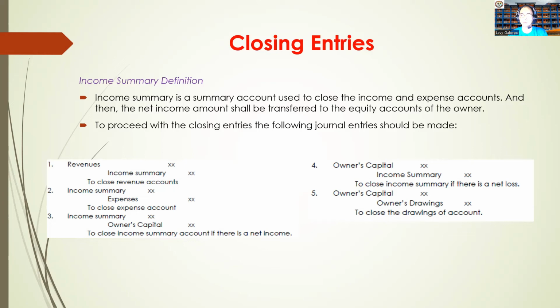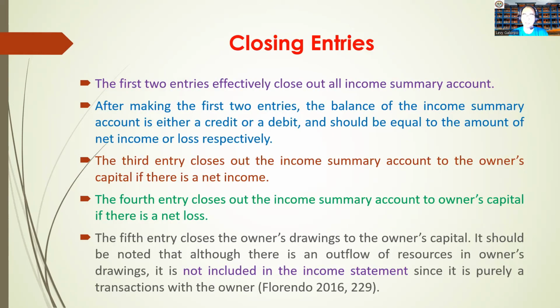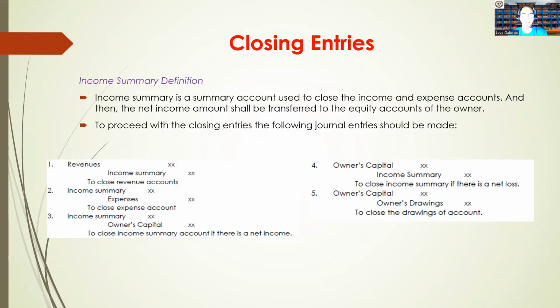Number 5, yung capital sa drawing, same din siya ng effect na ibabawas ito sa owner's capital. Yun yung withdrawal. So, yun yung paliwanag na binanggit natin doon sa 5 journal entries ng income summary.